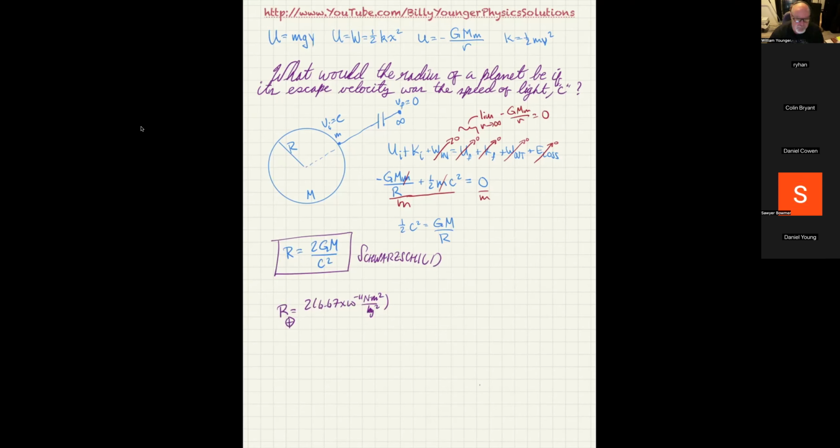I want to say it's 7.09 times. Nope, I was completely wrong. I was remembering something else. So this is 5.97 times 10 to the 24th kilograms. And then I've got to divide that by the square of the speed of light.